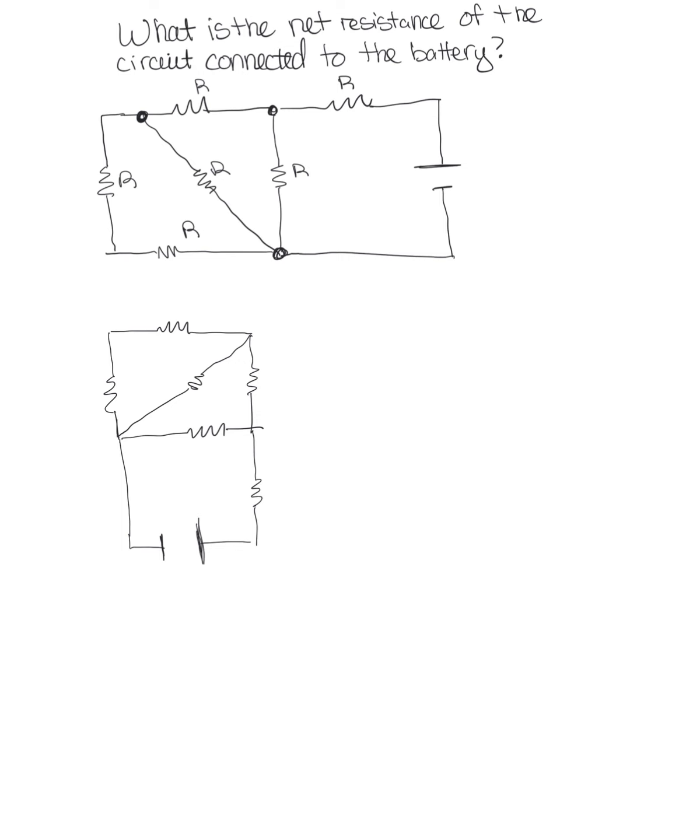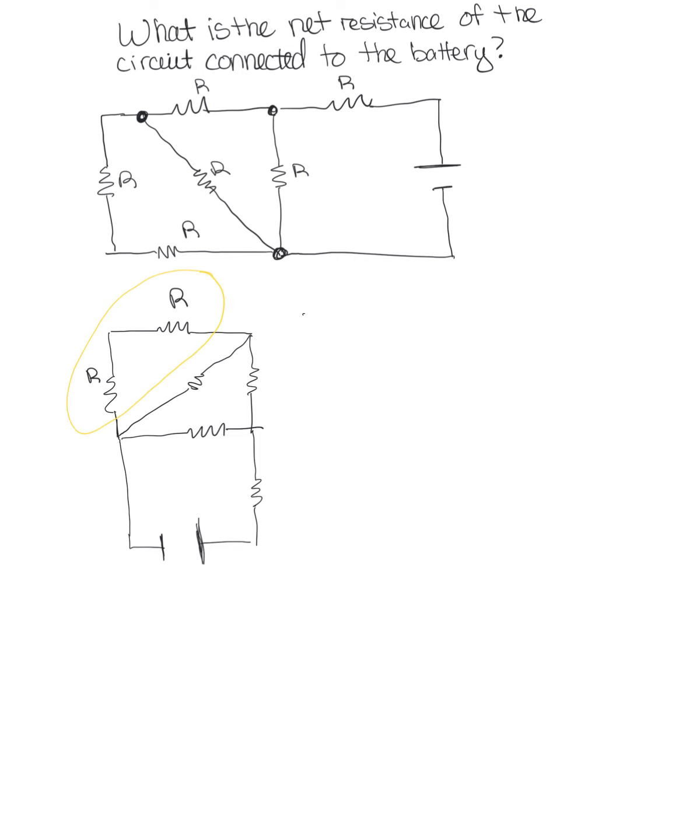Okay, so we have resistor R, on and on. Again, we need to be very methodical. We need to take it piece by piece and find the equivalent resistance and then add that to the next piece that we're taking a section of, so on and so on.